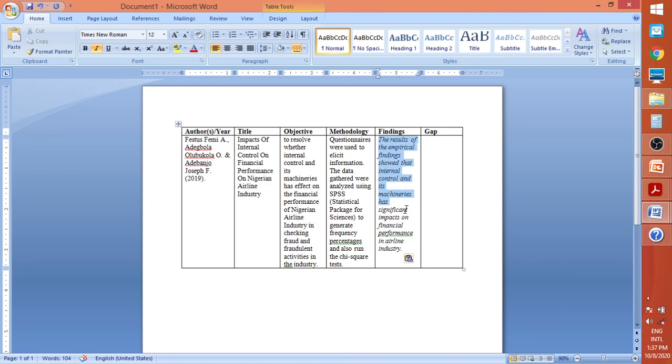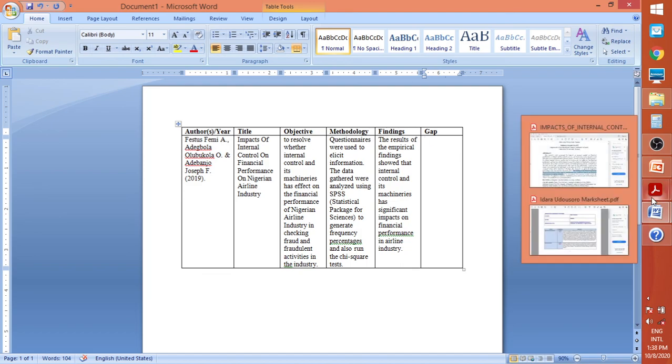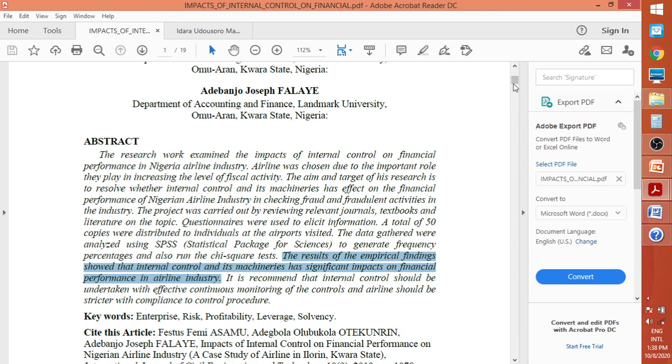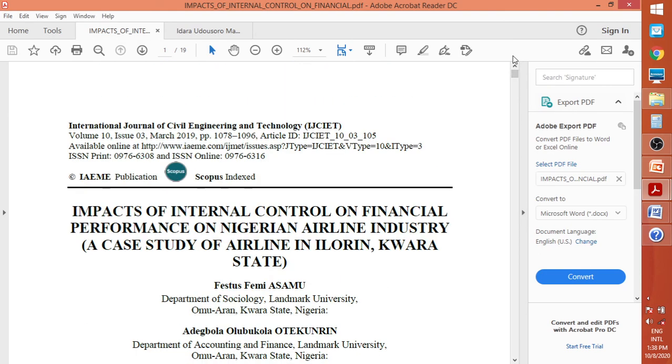Then the next thing to do, the final thing in this table, is the gap. Now this is where most of you have challenges, so just pay attention. So for me to get my gap, first of all I want to start from the beginning. That's the topic. Look at the topic.